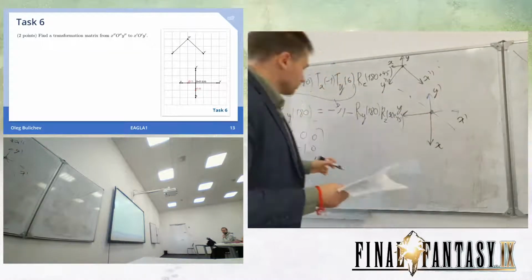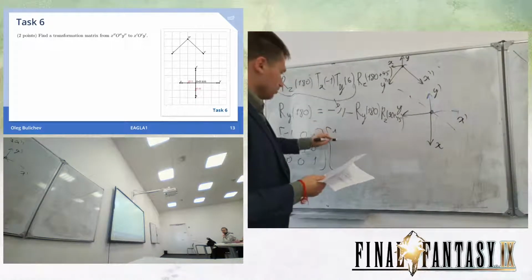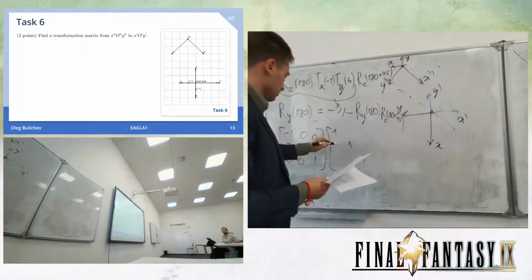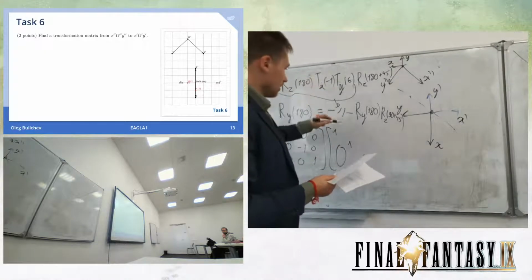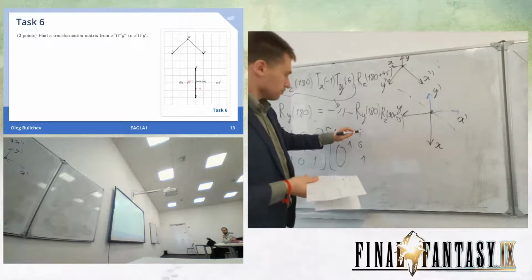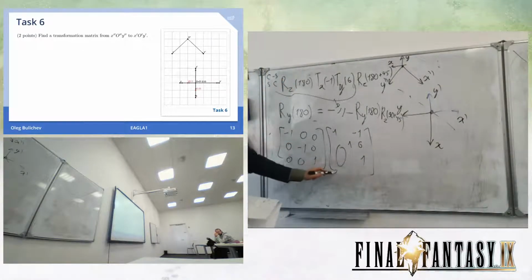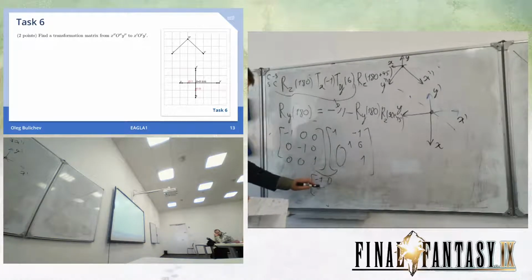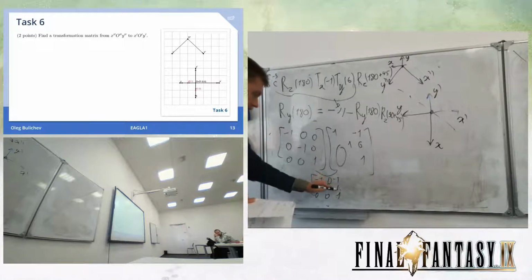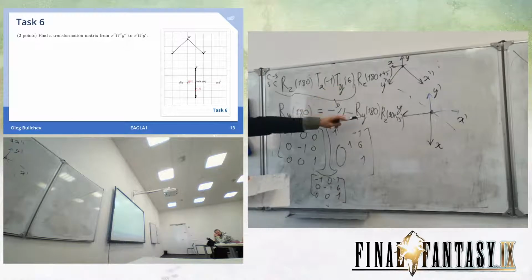Boom. After this, translate. I don't want to write a lot, so I will just write. I will combine it because I think it's obvious that it can be like this. Even more, we can combine it now together. It will be minus 1, 0, 0, minus 1, 0, 0, 1, minus 1, 6. After this, we go to, okay, let's go from this one.